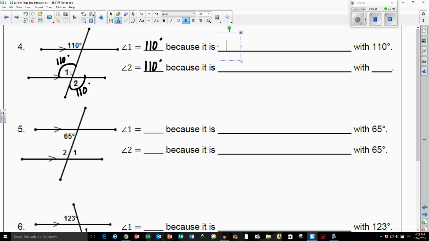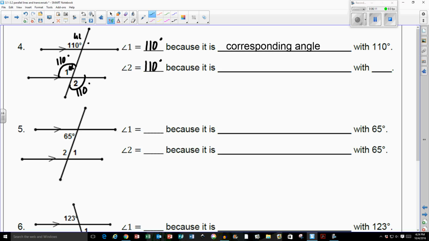So remember I talked about how these two, see how they're in the same location? Let's go ahead and write the reason down. Corresponding angle. All right, so if you'll notice, see how this is in the upper left corner, and this one's in the upper left corner? See how they're in the same location? That's corresponding.